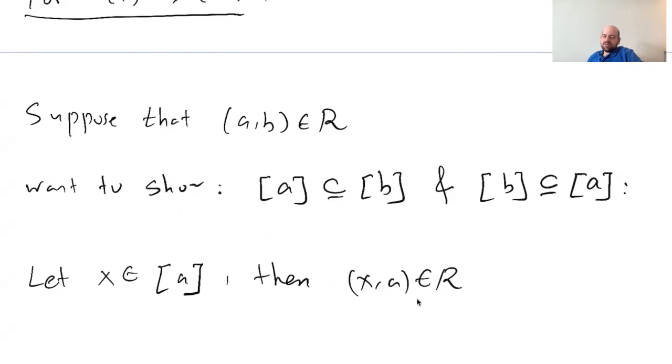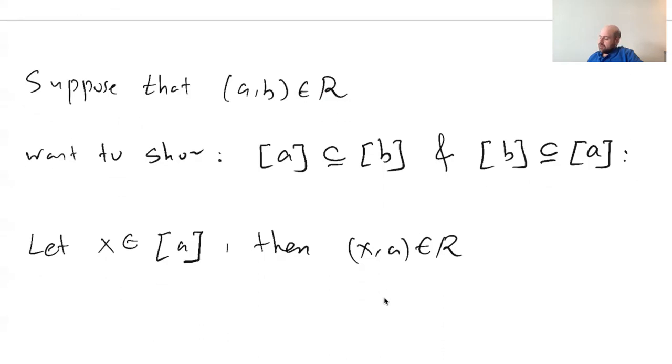But I want to use the fact that (X, A) is in R. Why? Because I also know that (A, B) is in R.